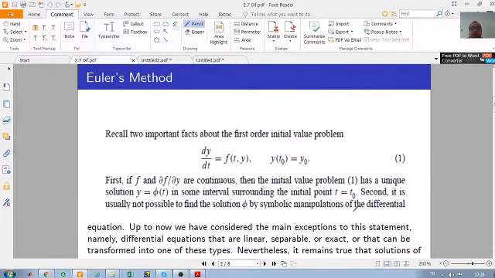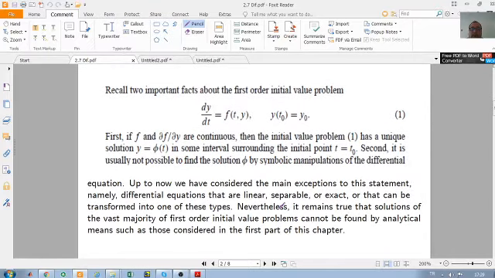Second, it is usually not possible to find the solution by symbolic manipulations of the differential equation. Namely, when we consider any arbitrary differential equation, it is not easy to find its solution, and sometimes it is not possible.